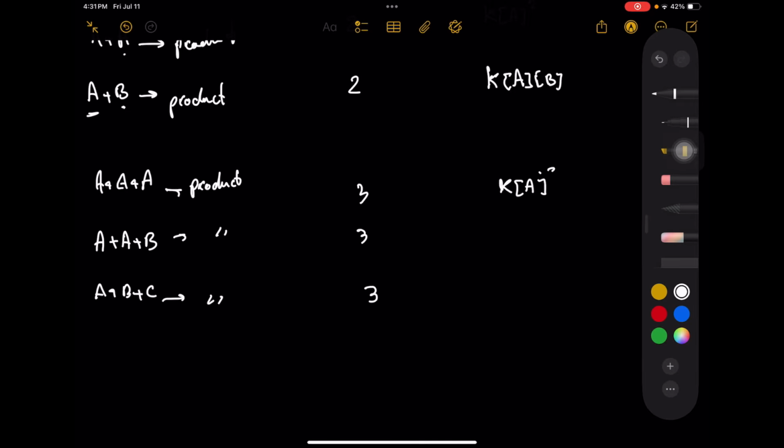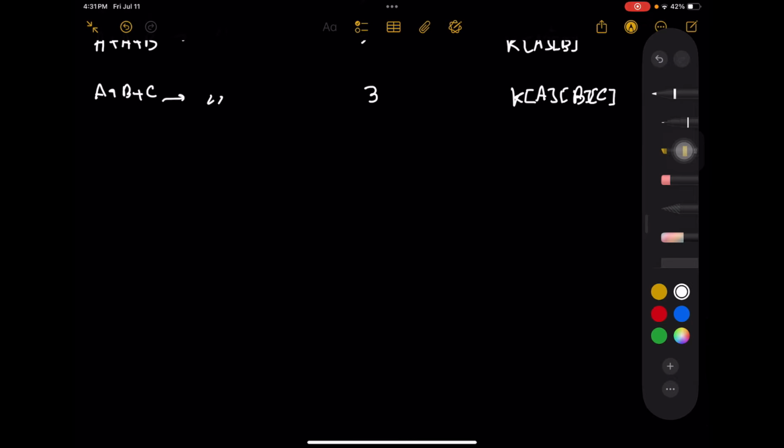And so the rate law would be k[A]^3, or k[A]^2[B], since we have 2 of A, or k[A][B][C]. That's how we write our rate law.